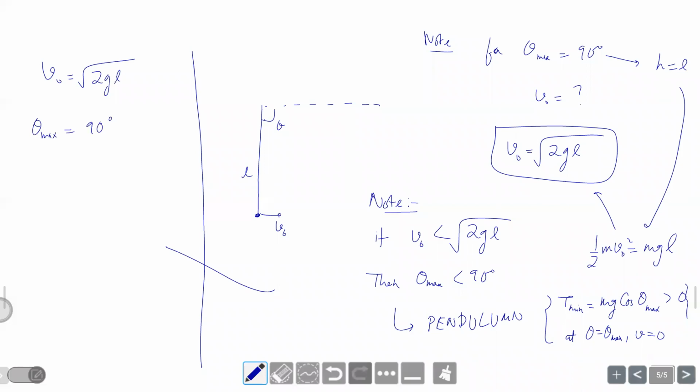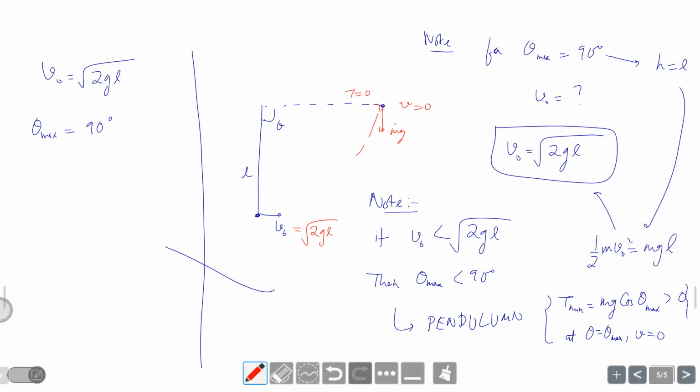And notice one thing when you make the free body diagram. Suppose I take that special condition that my V naught is root 2gL. Then when it comes here, its speed is just about zero. So when its speed is 0 at 90 degrees, it will just about reach, with the tension becoming 0 momentarily. Because see the FBD, this thing slackens for a moment, it has a tendency to fall because of gravity.